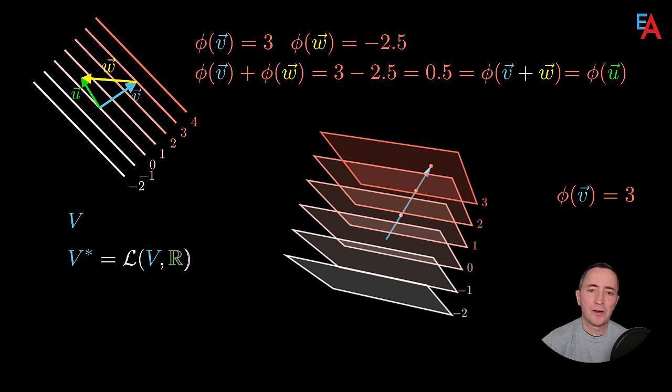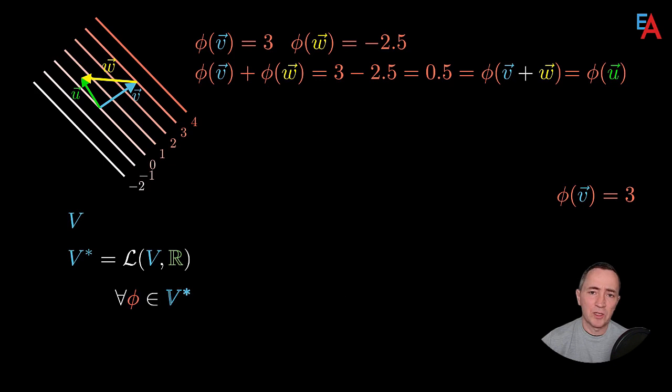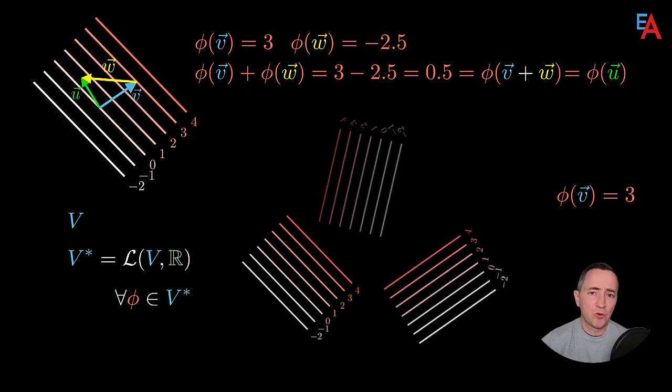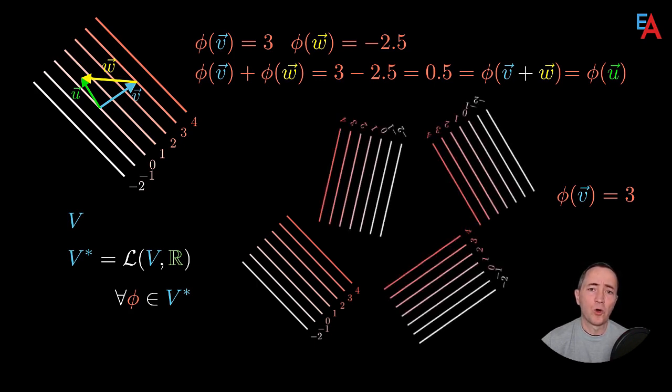And the fact that these are linear mappings means that for any form phi belonging to this pompously named dual space, the space in which these forms live, we call the space of all possible arrangements of these families of lines for all possible directions here on the plane, the space dual to the space R2.